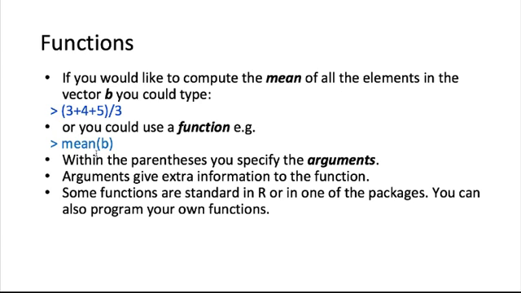So in R, we can do the same thing. We can specify a function, and in it we can provide the arguments that are necessary in order to execute that function. Some arguments are required, whereas some are optional. So in the case of mean, you can see mean(b). The mean function is expecting at least one argument, right? So within the parentheses, you specify the arguments.